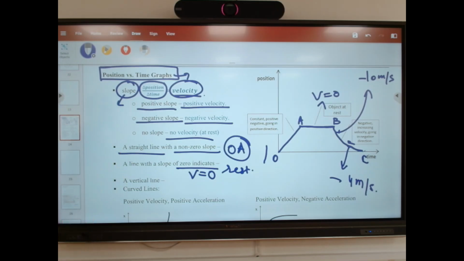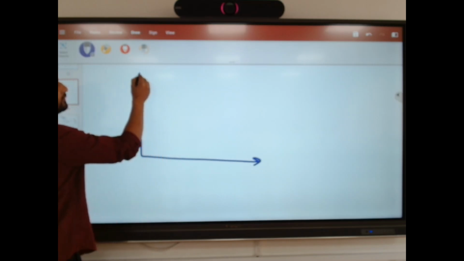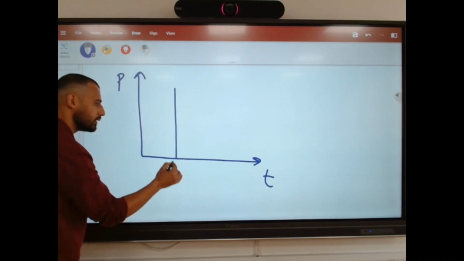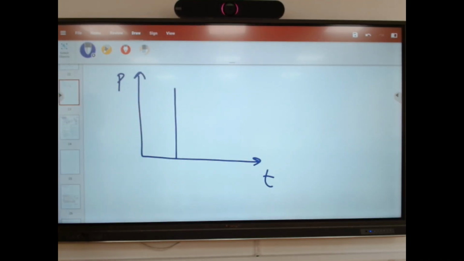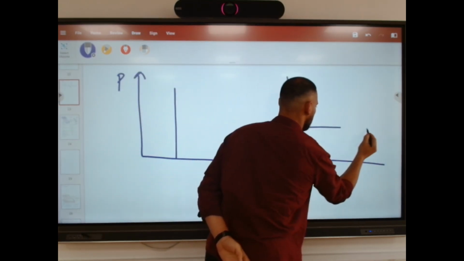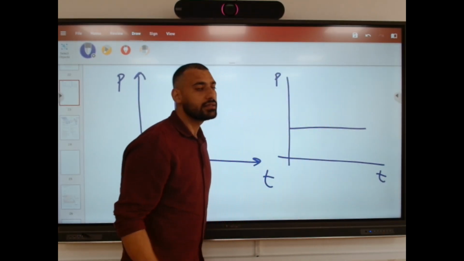A vertical line. Okay, now let me go to this. If you have a position-time graph, and the line is vertical, what does it indicate? What is the slope? Yes? 0.